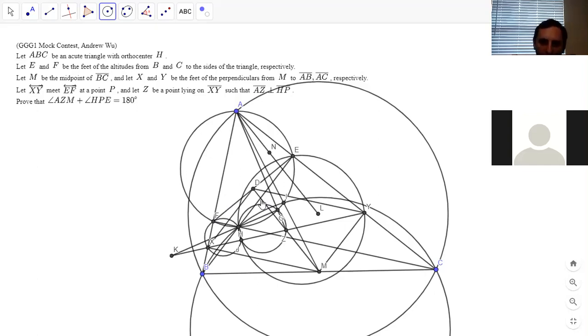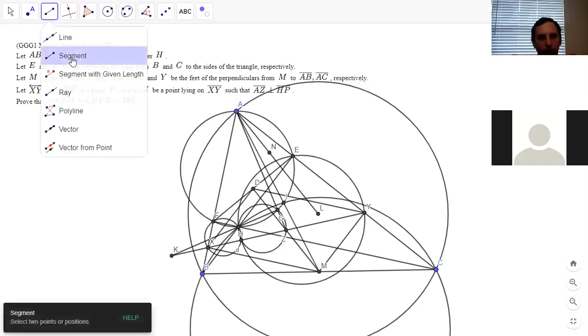It would lie on MD and it would also lie on HN. It would be the midpoint of HN. So basically where HN intersects MD.